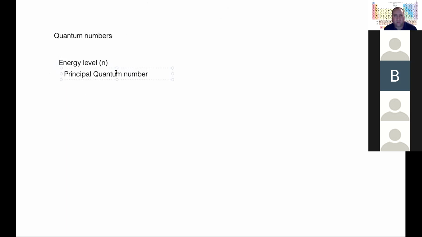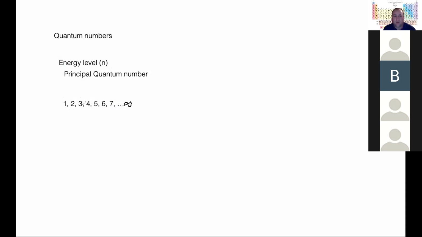For the possible values of this quantum number, we start with the first energy level, and we go up in whole number amounts until we either run out of space, or, most commonly, we think of hitting infinity, which is when we can say that the electron has actually left the atom.